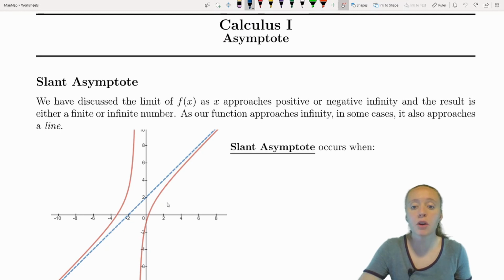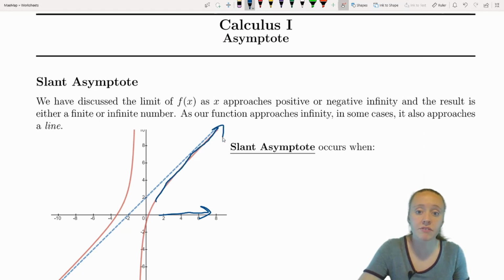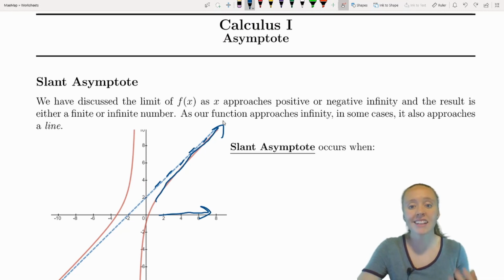As pictured below, as x approaches infinity, our function, let's call this function f of x, also approaches infinity. But note, as it's going towards infinity, we're getting closer and closer to this line. That is a slant asymptote, and we're going to talk about the cases that occur.